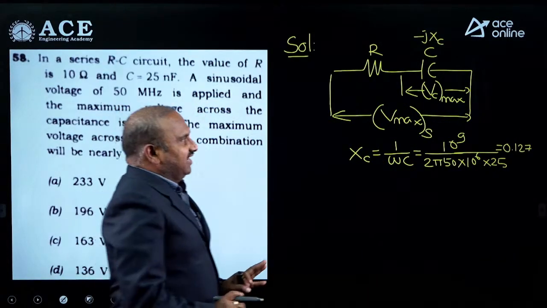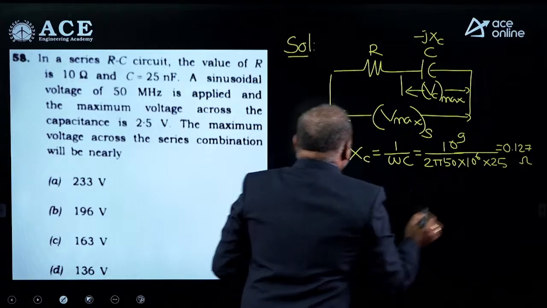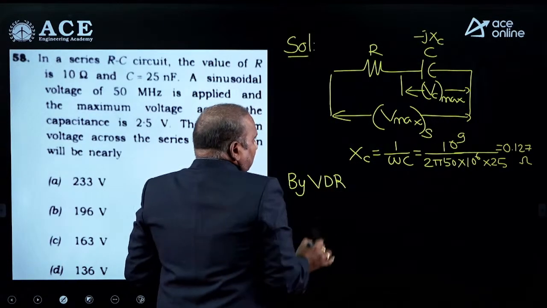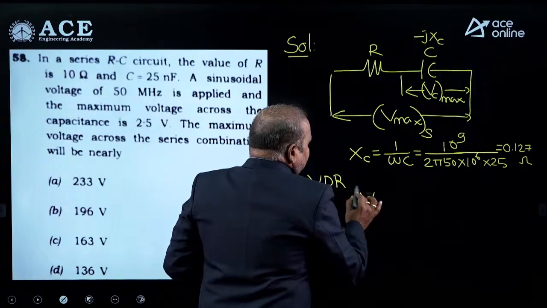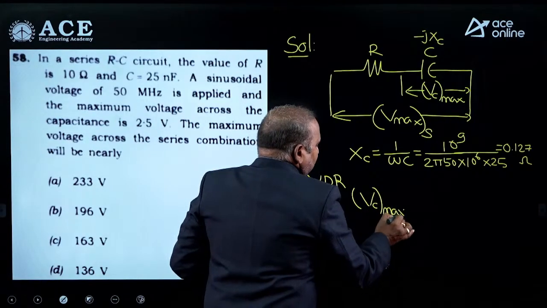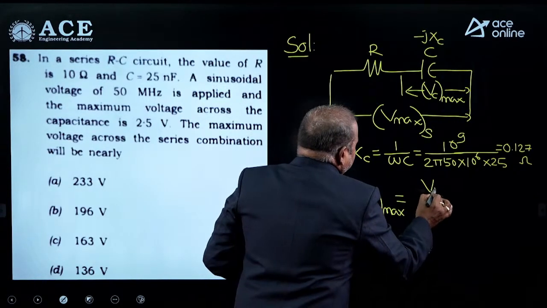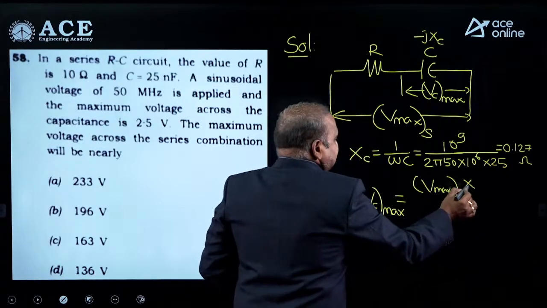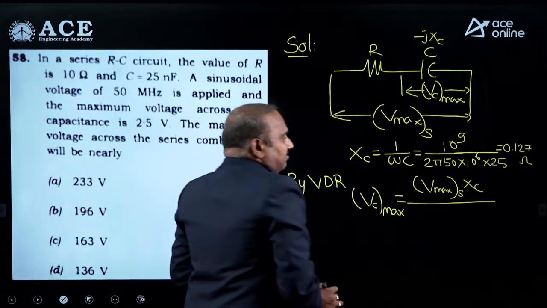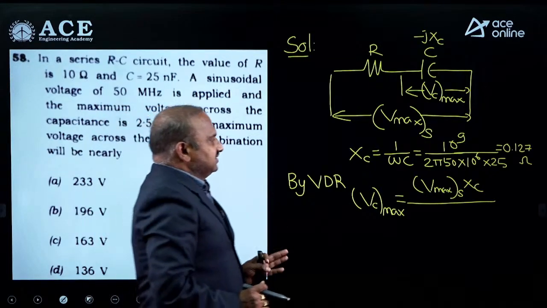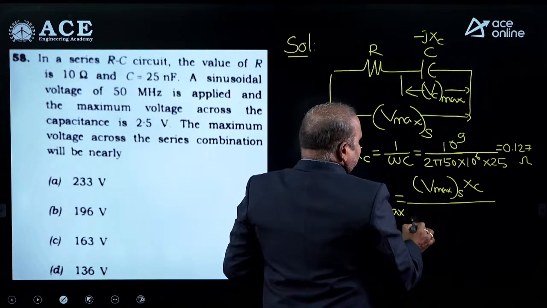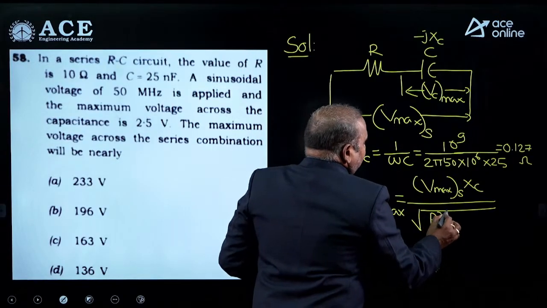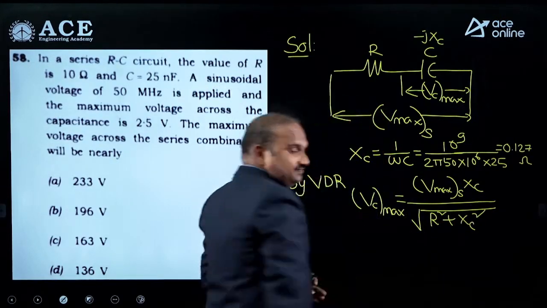Once you know that XC value in ohms, by the voltage division rule, VC maximum is equal to applied voltage Vs maximum into that impedance, that is XC by sum of all. Total impedance is equal to under root R square plus XC square.